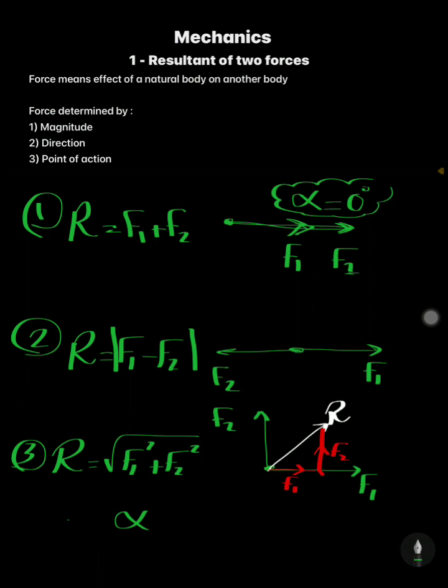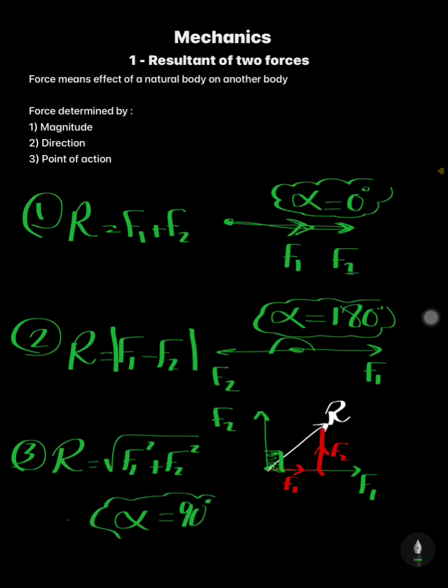If the two forces are in opposite direction, then alpha equals 180 degree. If the two forces are perpendicular, then alpha equals 90 degree. If alpha not equal 0 or 180 or 90 degree.